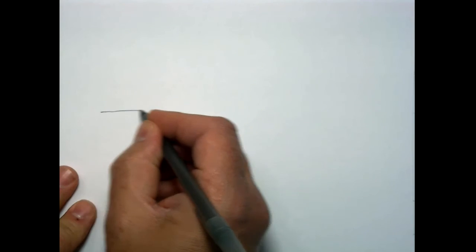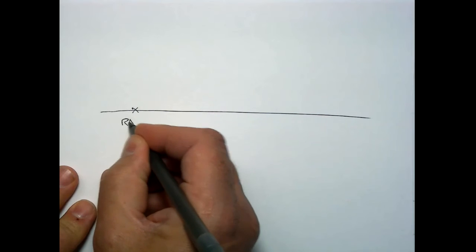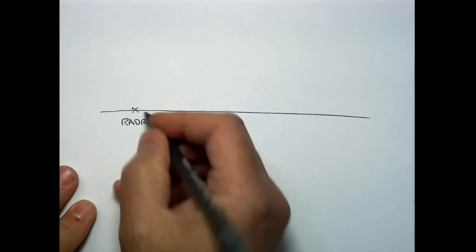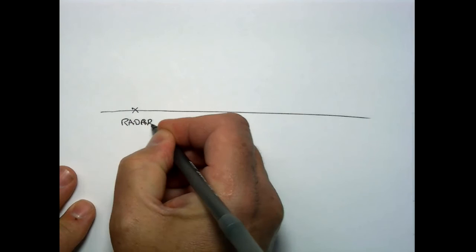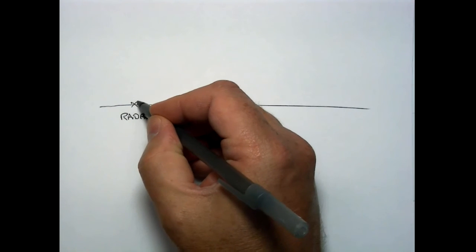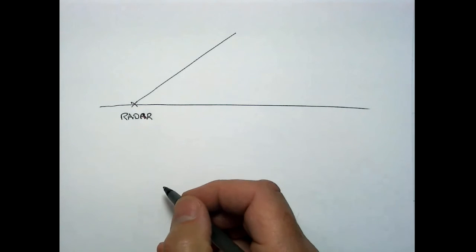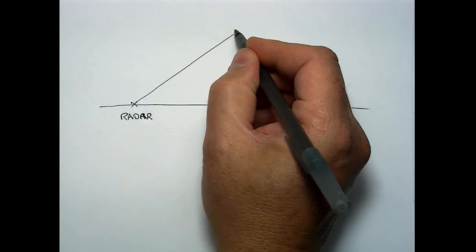We're going to put on the ground here a radar facility. So we take our radar facility, and we're going to be looking out for aircraft like this aircraft over here. So we've got an airplane flying by right here.